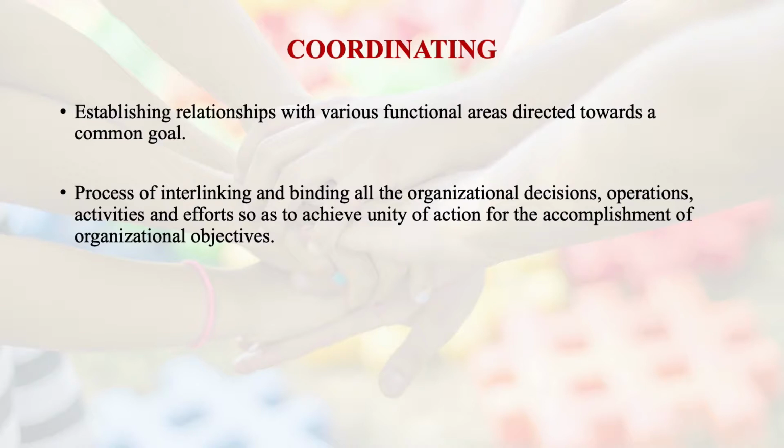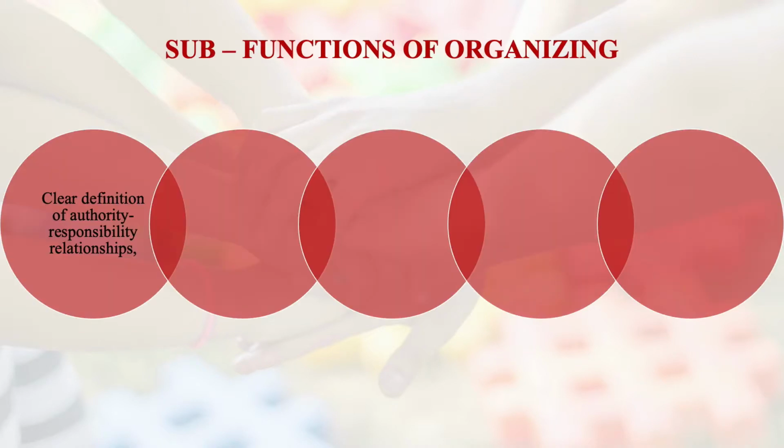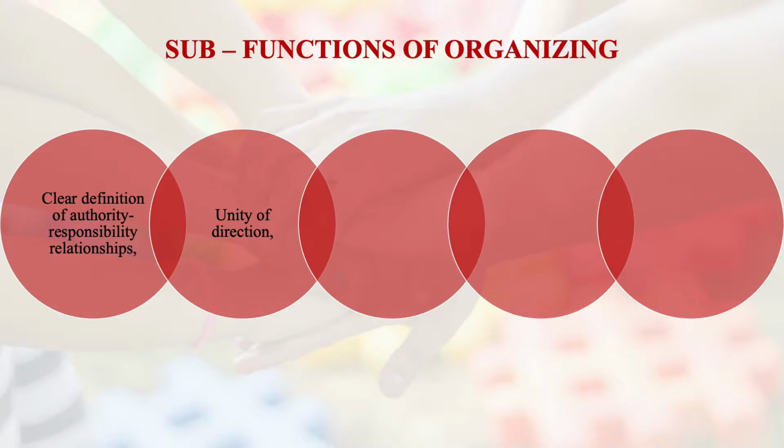When we talk about the sub-functions of coordinating, it involves the clear definition of authority and responsibility relationships. That means each and every individual in the organization should know what his or her responsibility is. If they are not able to decipher their responsibility, it is very, very difficult for them to perform a specific kind of job. Another is unity of direction and unity of command.